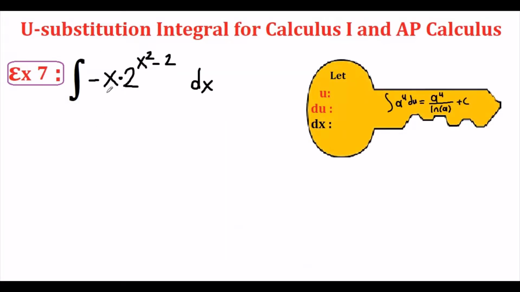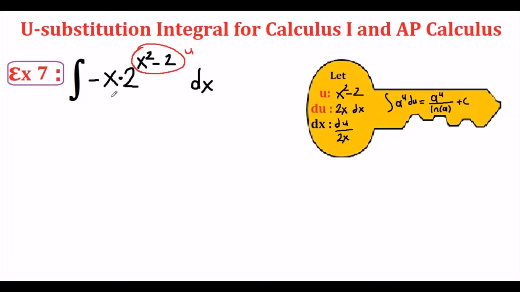Example 7. Integral of negative x times 2 to the x squared minus 2 dx. Here we're going to call x squared minus 2 our u. If u is x squared minus 2, then du will be the derivative of this, which is 2x dx. And then if you solve for dx, dx will be du over 2x.